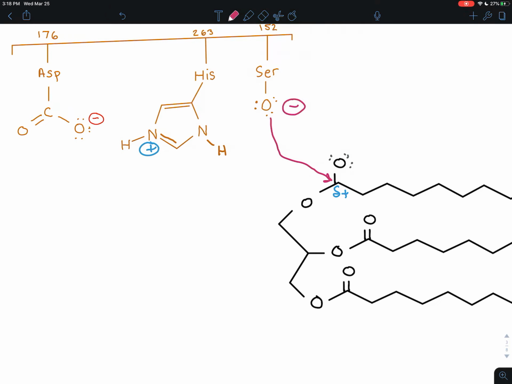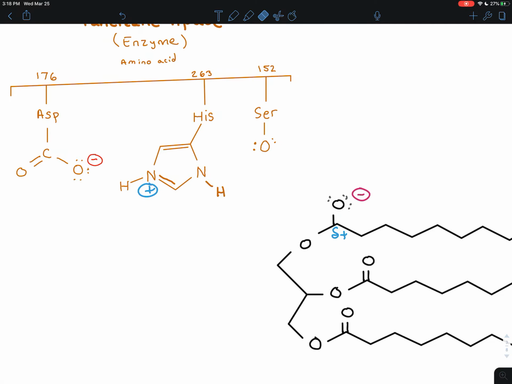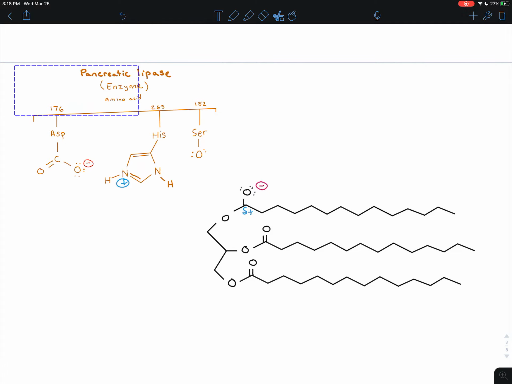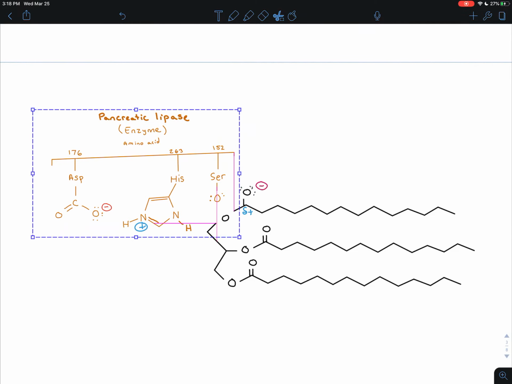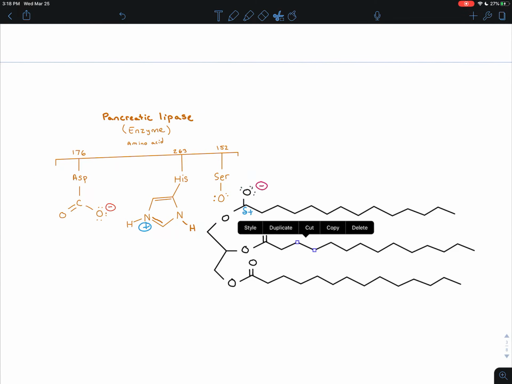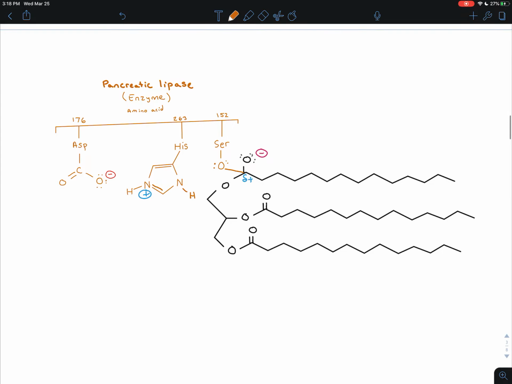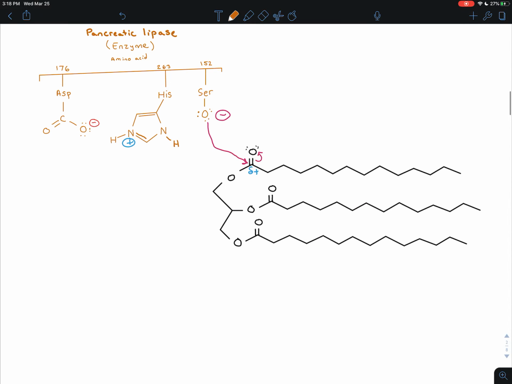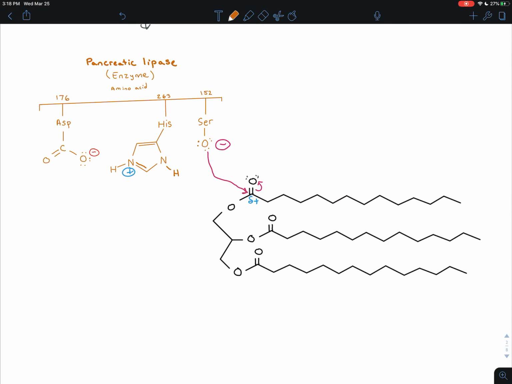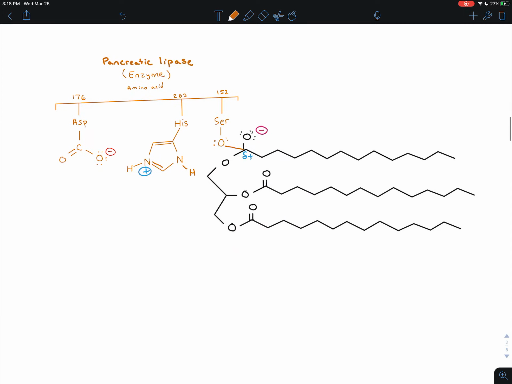This oxygen will have a full negative charge. This lone pair will become a bond, and that will make the negative charge go away. So I'm going to draw a bond there. And that accomplishes that. Okay, so now we have our tetrahedral intermediate.